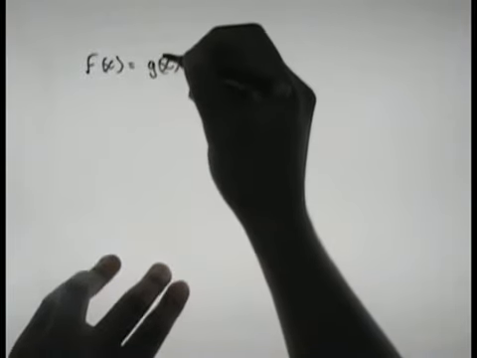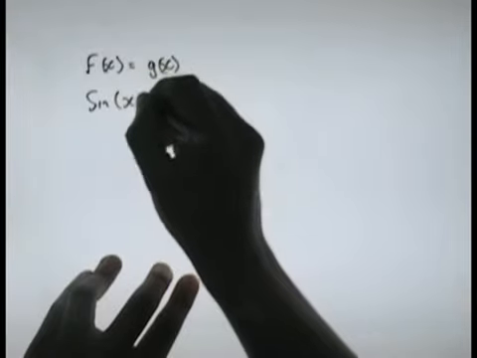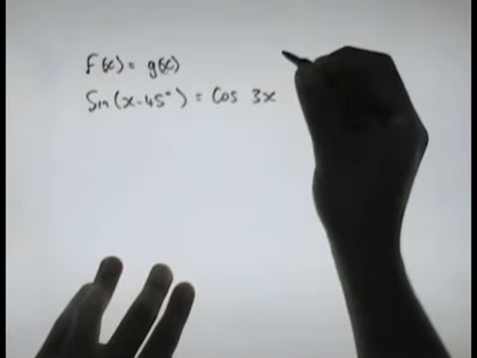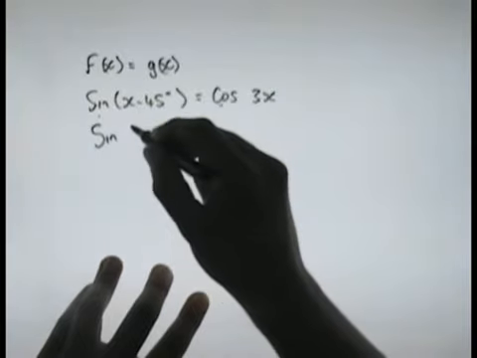To find those x values, we're going to say it's when f of x is equal to g of x. That means that sine of x minus 45 degrees is equal to cos of 3x. Problem: sine and cos are different functions.